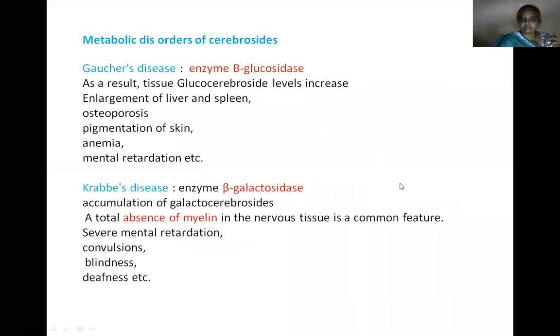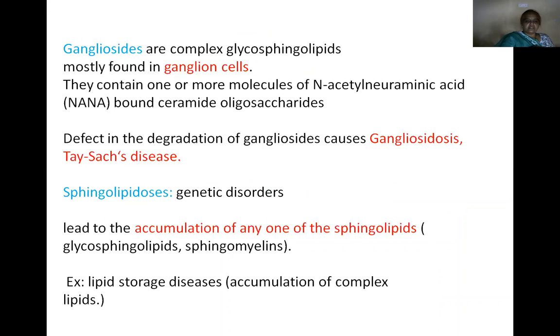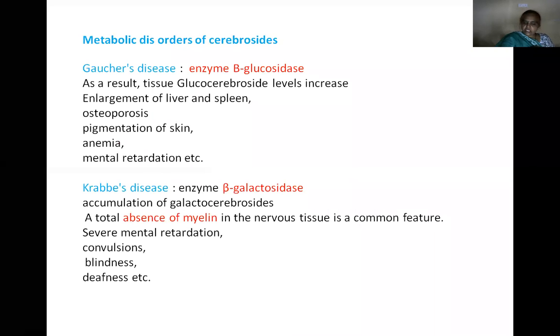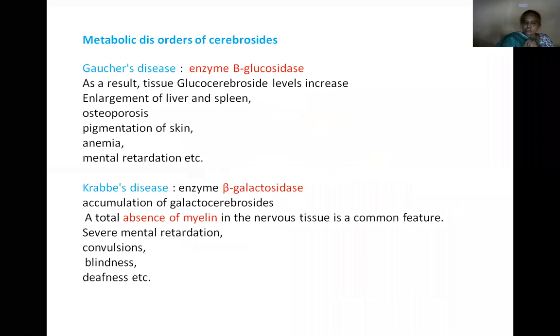What are the metabolic disorders of the cerebrosides? They are Gaucher's disease, Krabbe's disease, gangliosidosis, and sphingolipidosis. Gaucher's disease is mainly due to the deficiency of the enzyme beta glucosidase.